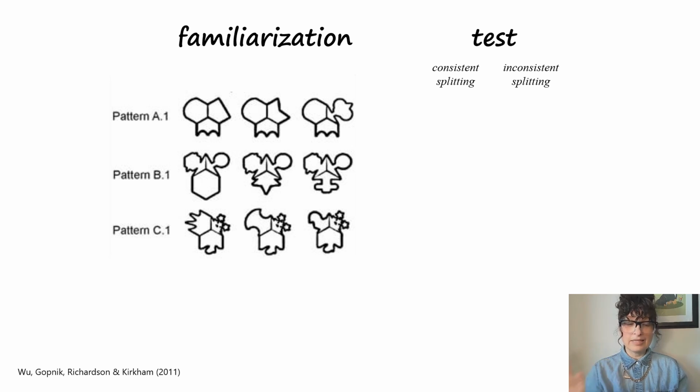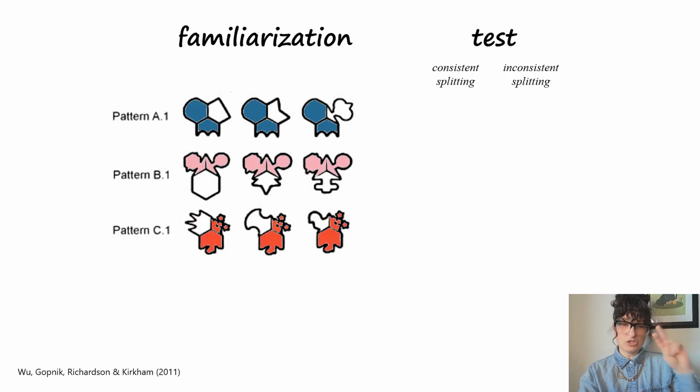The experimenters were actually really smart. They created not just one category, but multiple categories and different patterns for those categories. Pattern A had a particular configuration where it always had the two blue objects presented together. It was the third object or third component that always changed.